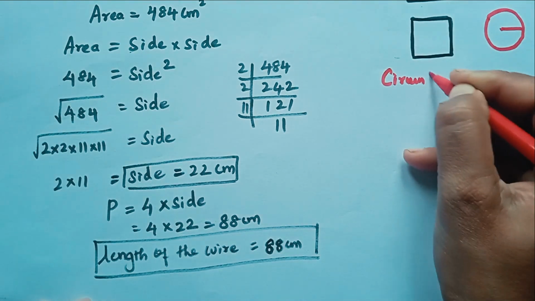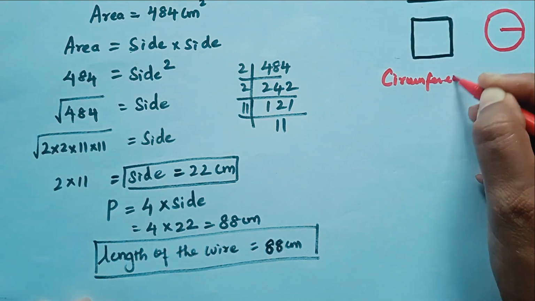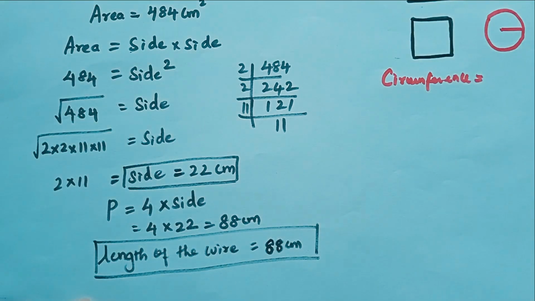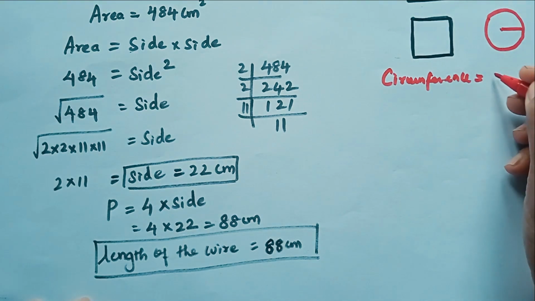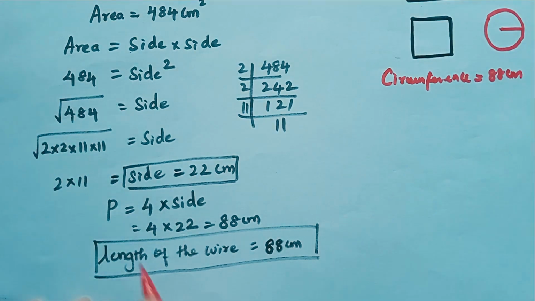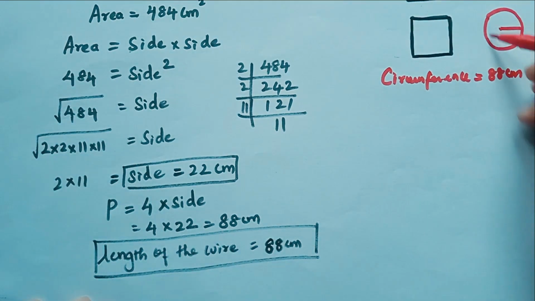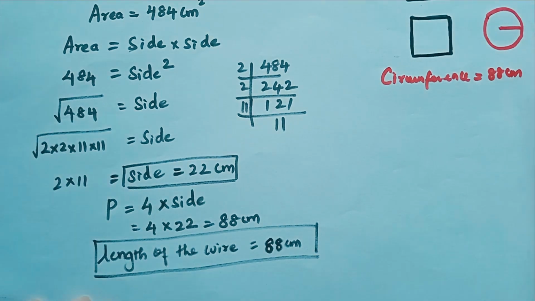The circumference is nothing but the same wire bent to form a circle. So the circumference is 88 centimeter, which is the perimeter of the wire we got as 88 centimeter, because it is the same wire they are bending to form a circle.